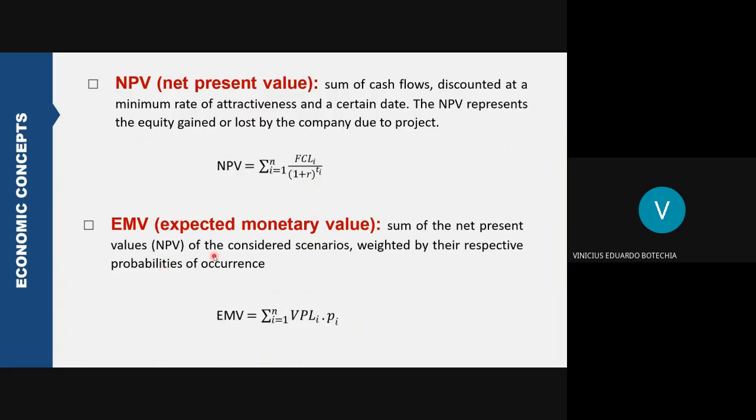We use EMV, which is named the expected monetary value. It is the weighted average NPV, right? You weight regarding the probability of occurrence of your uncertain scenarios. You weight your NPVs regarding that. So it's a weighted average of the NPVs, the EMV.